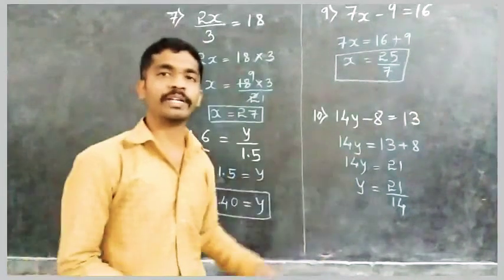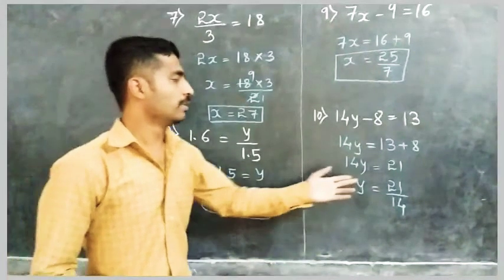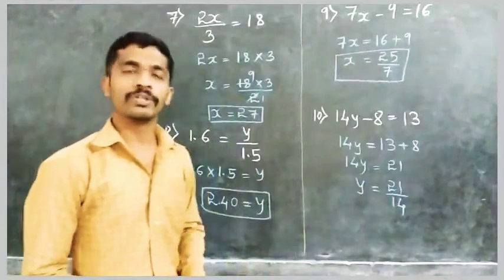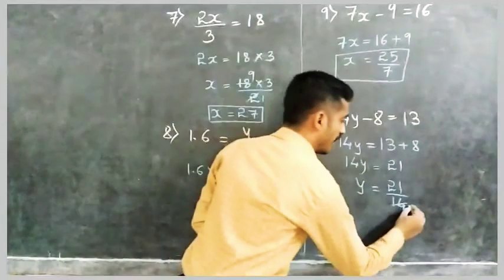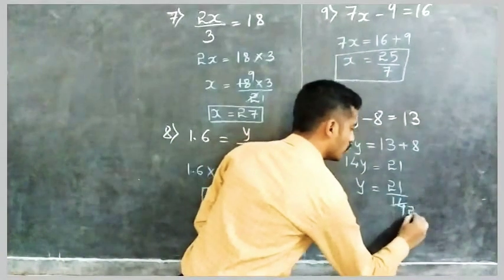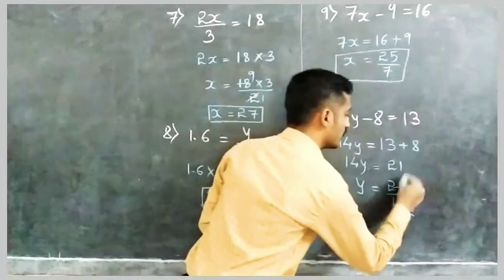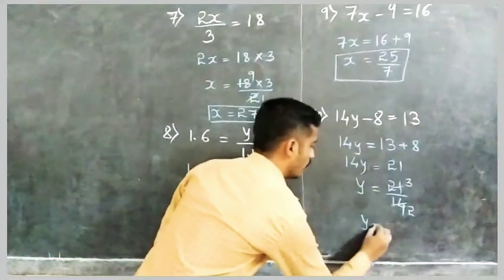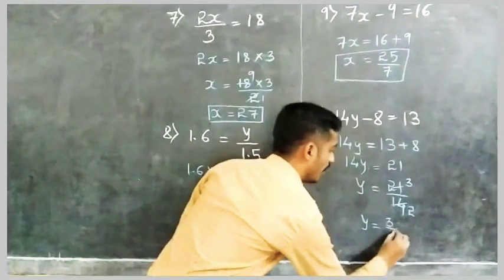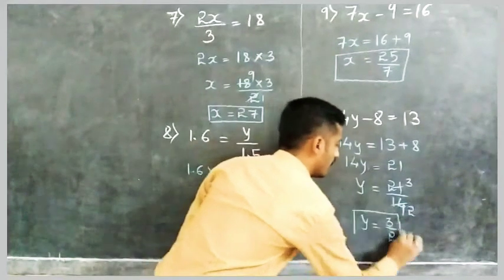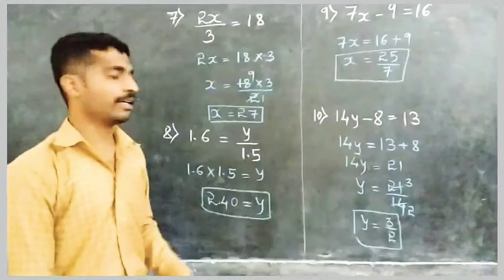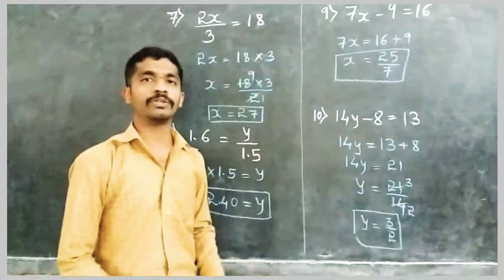So in which table will you get both numbers? 7 3s are, 7 2s are. So divide it by 7: 7 2s are 14 and 7 3s are 21. So here y equal to 3 by 2. This is our simplest form of y. So y equal to 3 by 2.